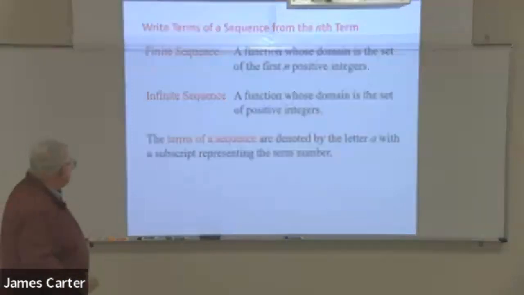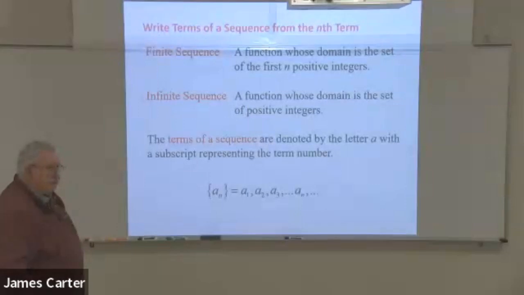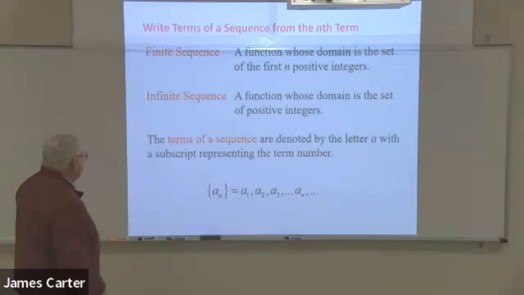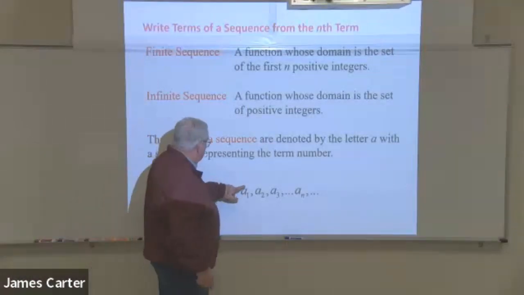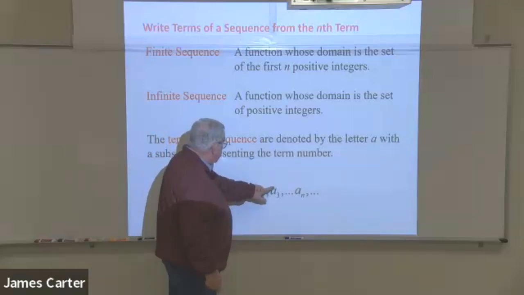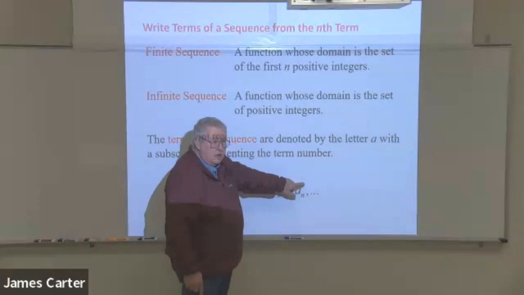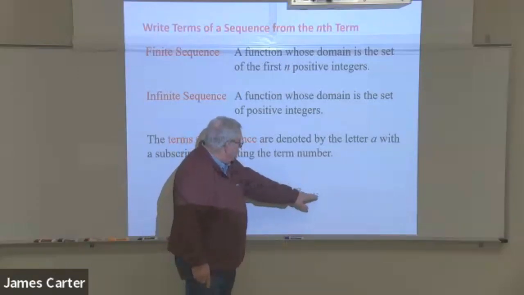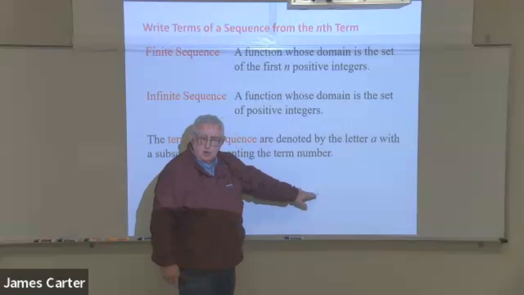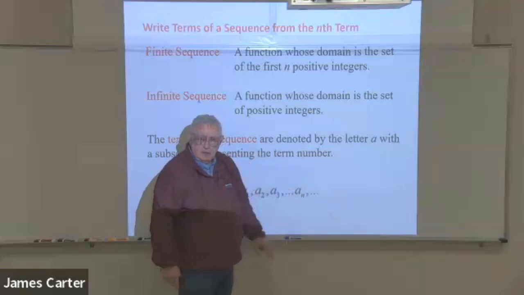Now, this is starting to be kind of important. Here are the terms of a sequence. If I gave you 3, 5, 7, 9, 11, 13, and so on, the 3 dots means it continues this way forever.